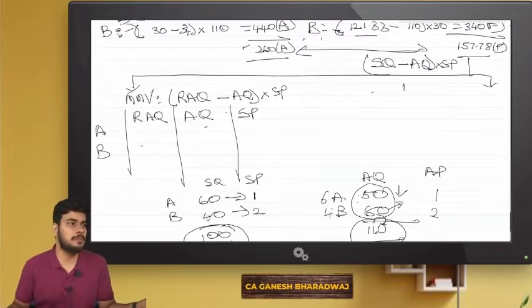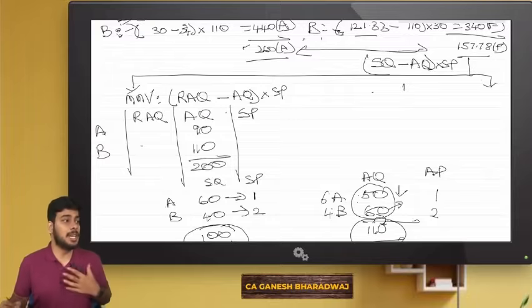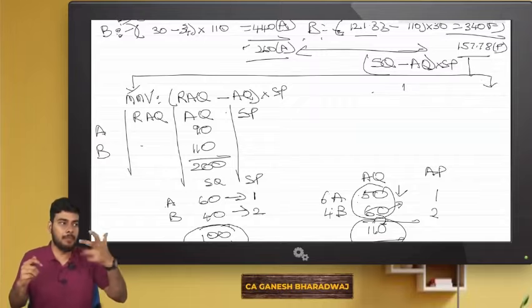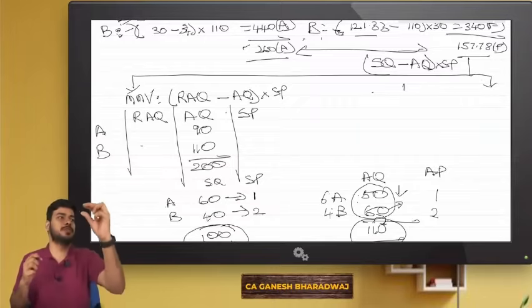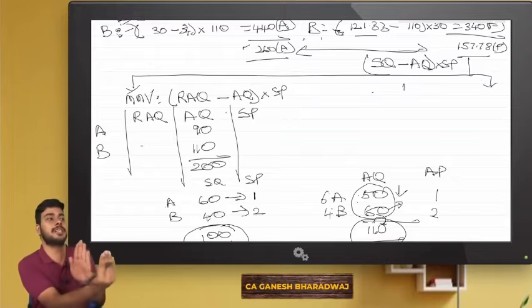Now I want you guys to participate and tell me A and B. Actual quantity, you know. Actual quantity of A and B. Pick it up and tell me how much. How much is it? 90 and 110. Correct? How much is it in total? 200. Now what is revised actual quantity? Now when I'm talking about the mix variance, I am trying to figure out how much of my usage variance is attributable only because of the deviation in the mix.